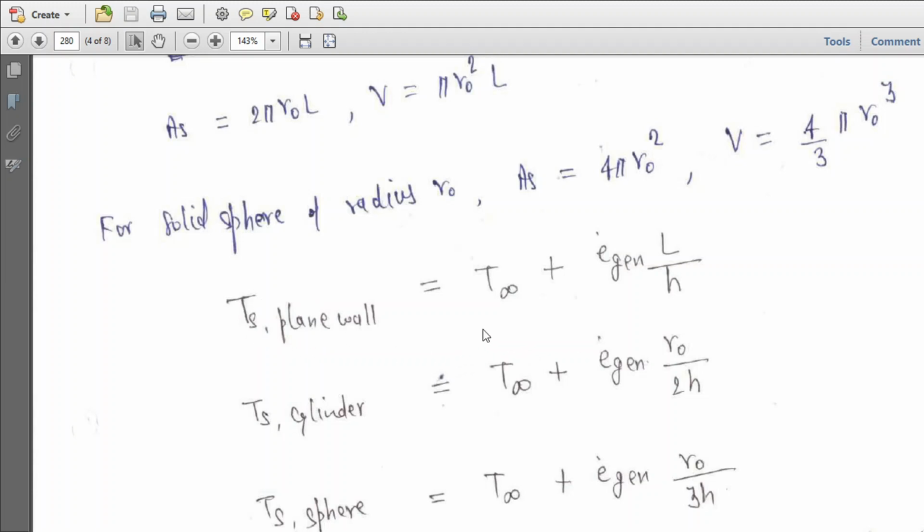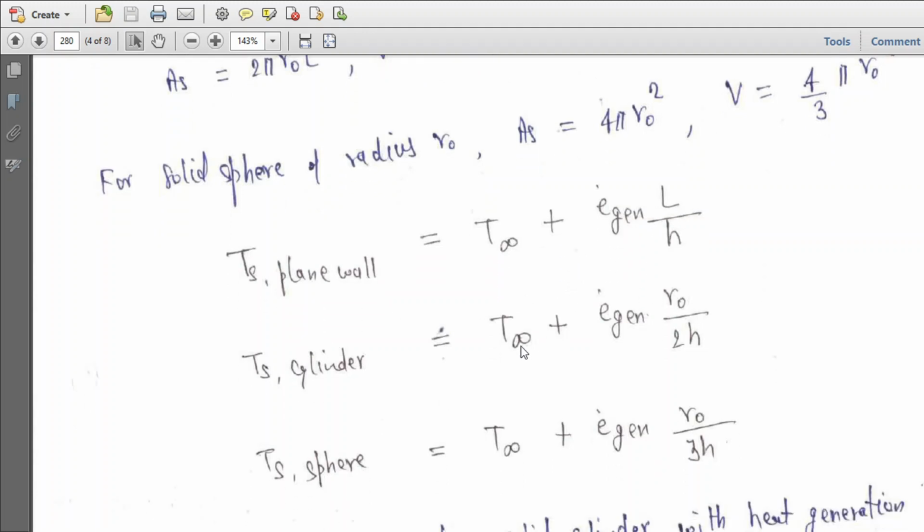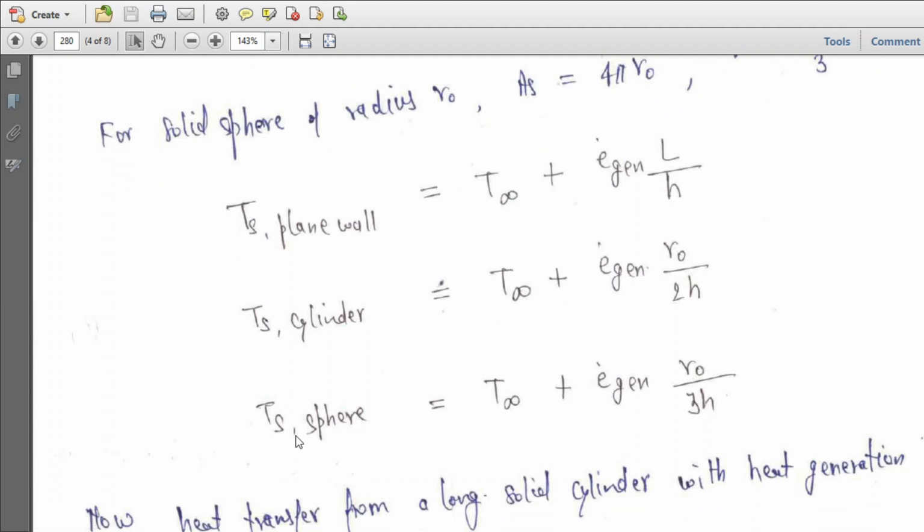So by putting all these expressions for surface area and volume, we get the expression for the surface temperature. For a plane wall, it is T infinity plus E dot generation L upon h. In case of a cylinder, T infinity plus E dot generation R0 upon 2h. In case of a sphere, T infinity plus E dot generation R0 upon 3h.